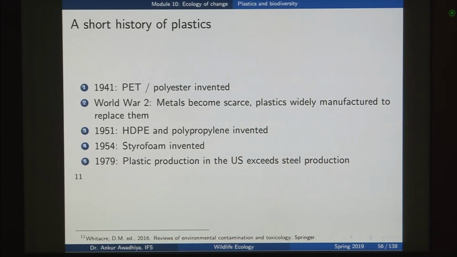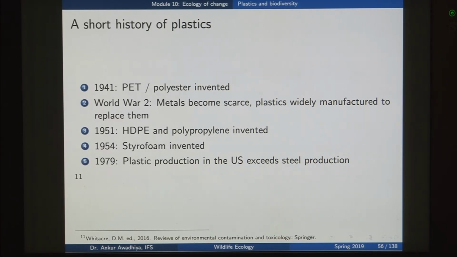Then we had the emergence of polyethylene terephthalate and polyesters. Now, PET is something that is there in all the plastic bottles that we are using, especially the disposable water bottles. They are all made of polyethylene terephthalate, PET. Then during World War II, as metals became more and more scarce, plastics were widely manufactured to replace them.